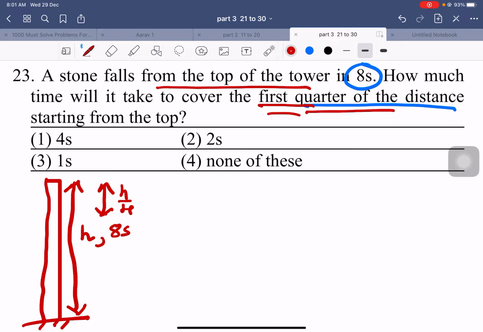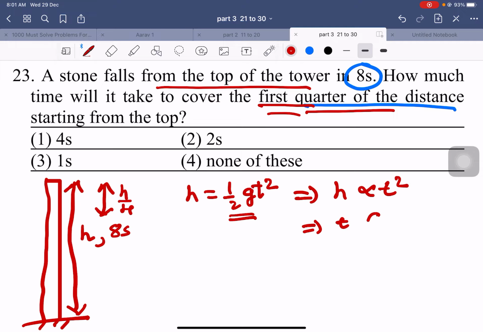First quarter means the time required to cover h by 4. Since the stone is falling, h is equal to half gt square. So we can say that h is proportional to t square, or t is proportional to root h. So I can write t prime by t is equal to square root of h prime by h.